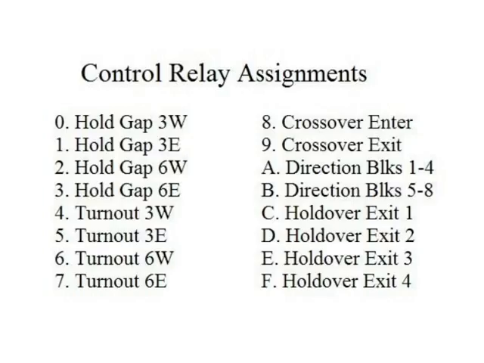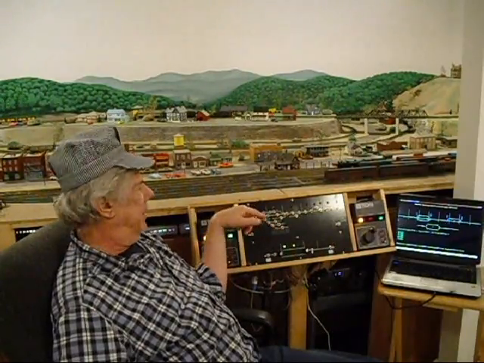The power itself, and the power actually is broken into half the layout. So in other words, the first half here up to block 4 is controlled by one bus, which is fed by one of the relays, and the other half is by another relay.